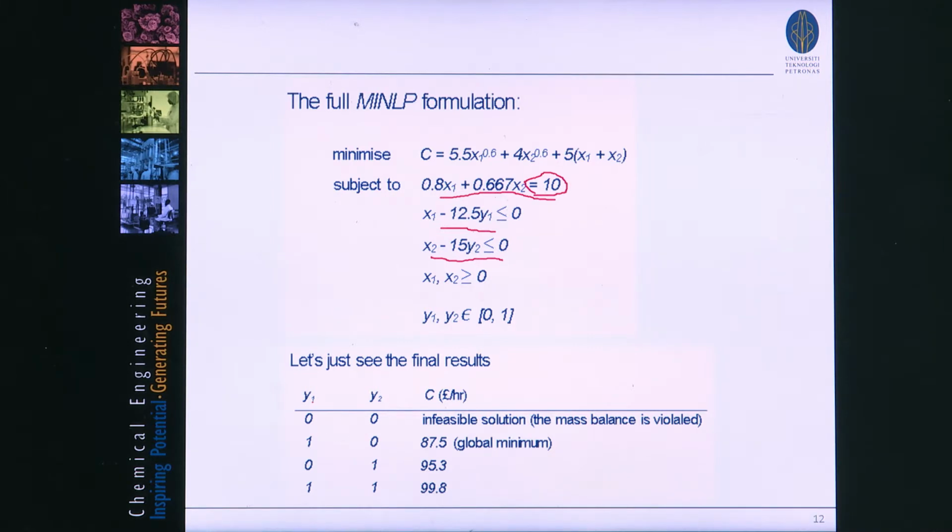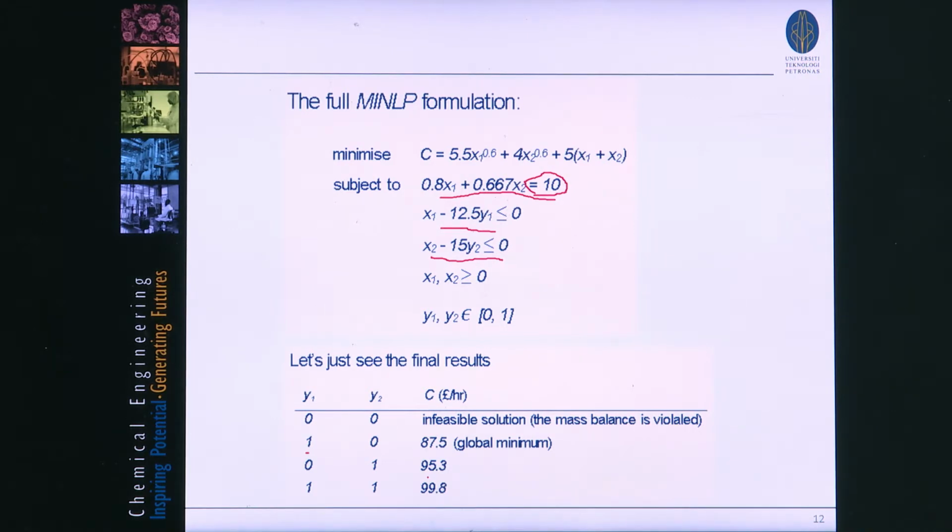And then if we use y1 equals 1 and y2 equals 0, we get 87.5. With y1 equals 0 and y2 equals 1, we have 95.3. And then we have y1 is 1, y2 is 1.